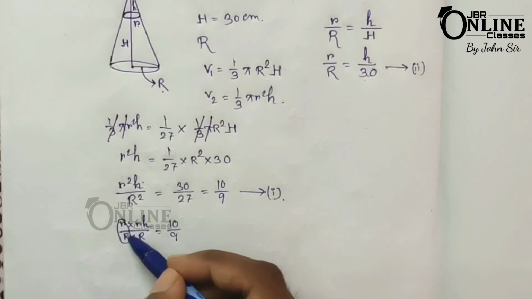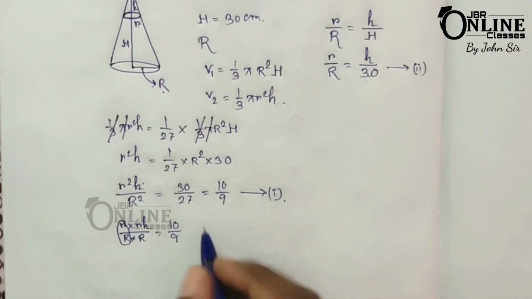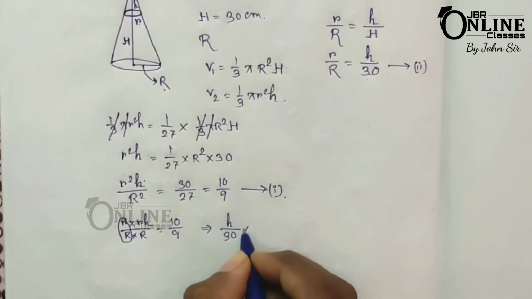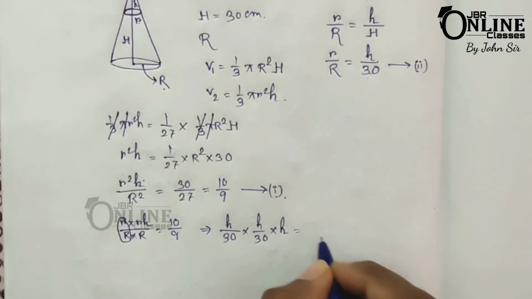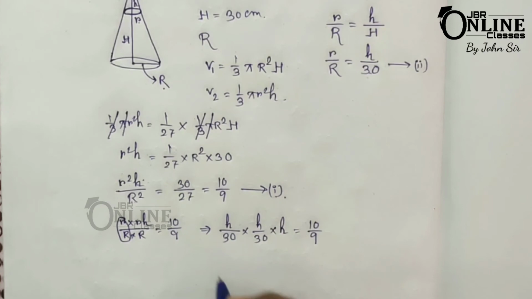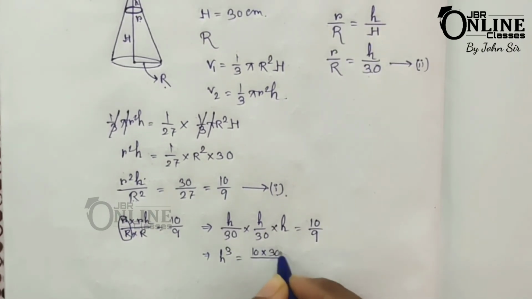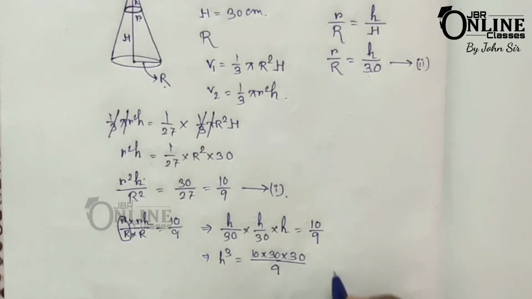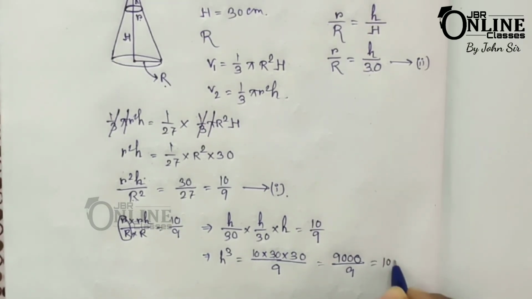So there are two r by R, so h by 30 into h by 30, and here another h, so write down here h, and that equals 10 by 9. So finally h cube equals 10 into 30 into 30 divided by 9. So that equals 9000 by 9, and that equals 1000.